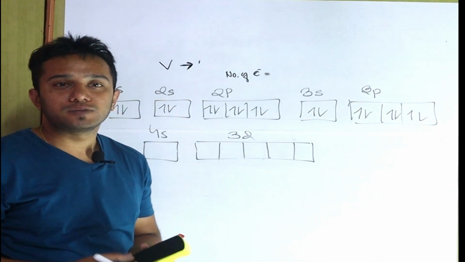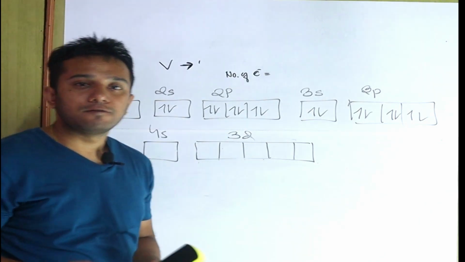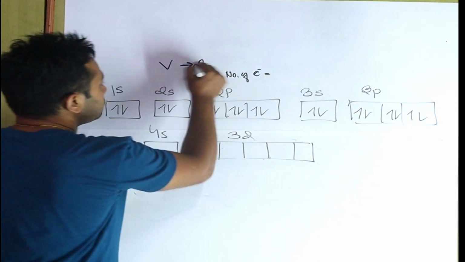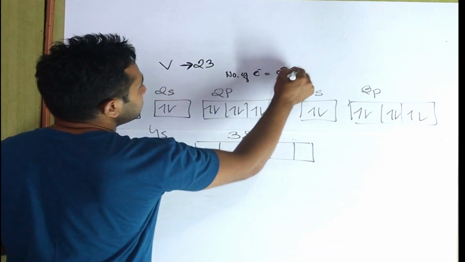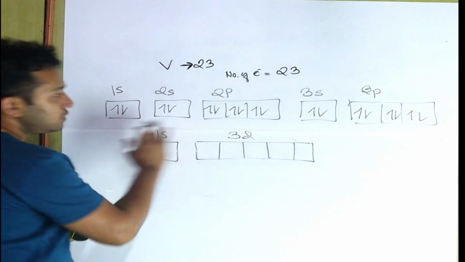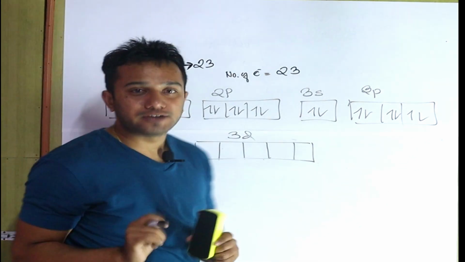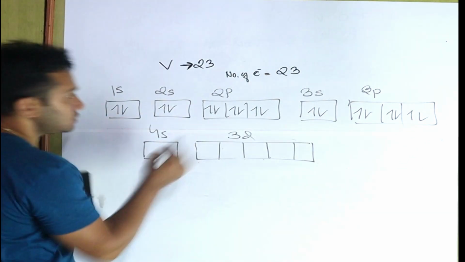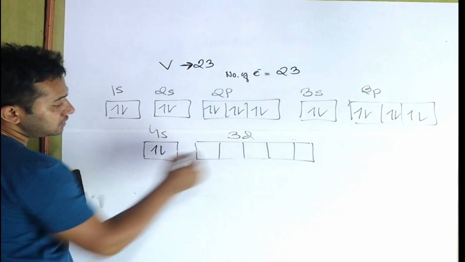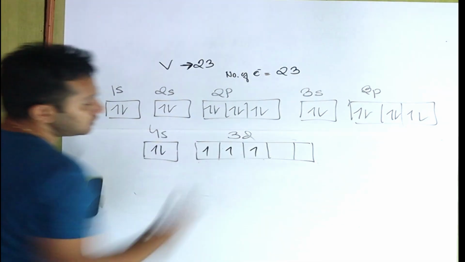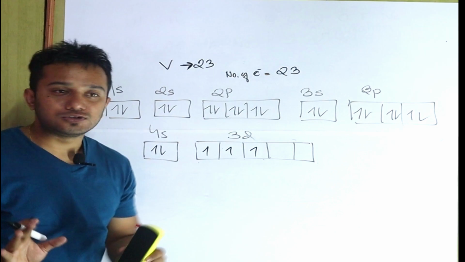So now we'll try for atomic number 23, which is vanadium. So we have 23 out here. Number of electrons will be 23. So I have already filled 18 electrons. So I am supposed to fill some more electrons. So 18, 19, 20, 21, 22, 23. So I have filled 23 electrons.